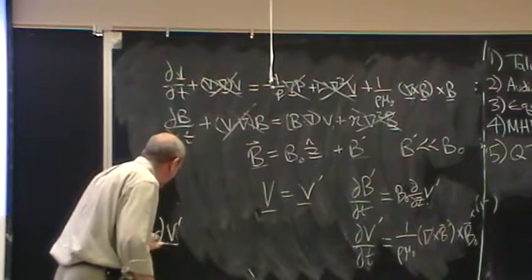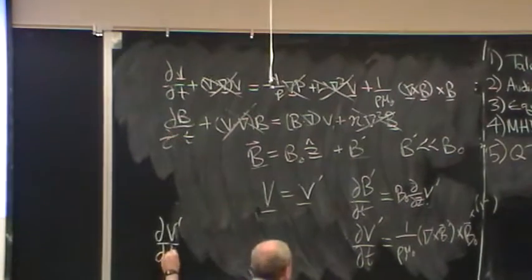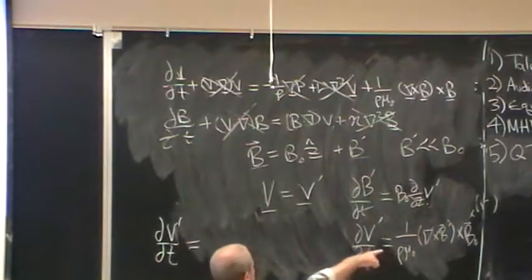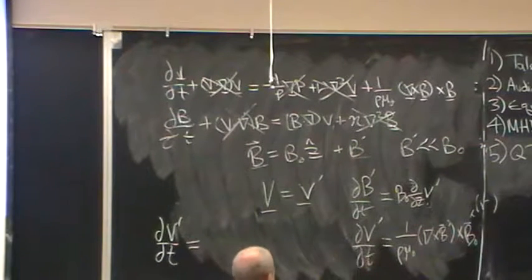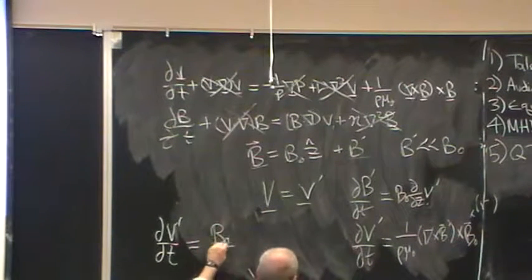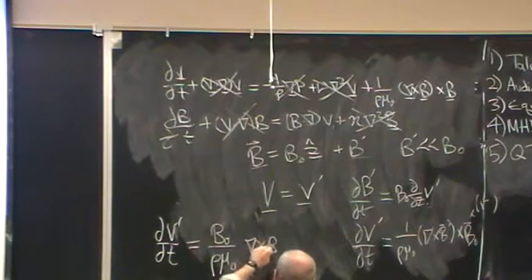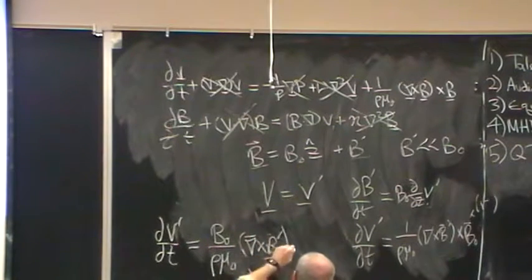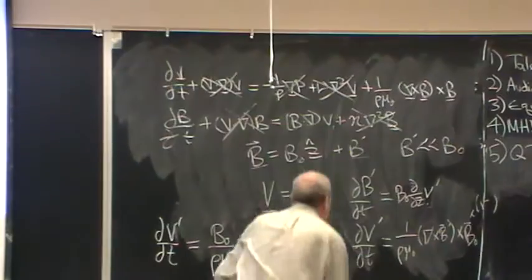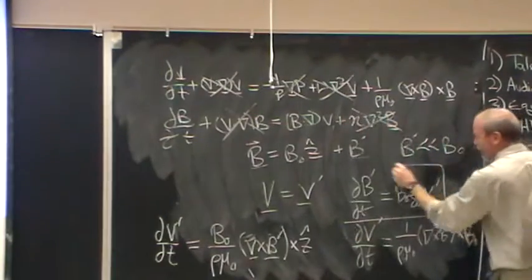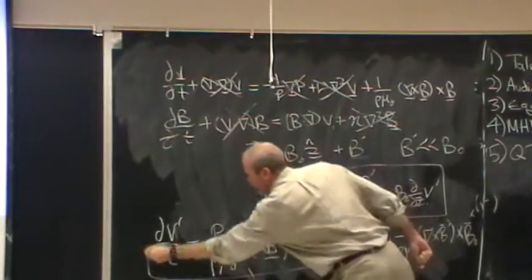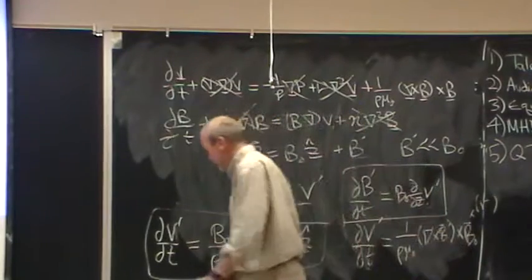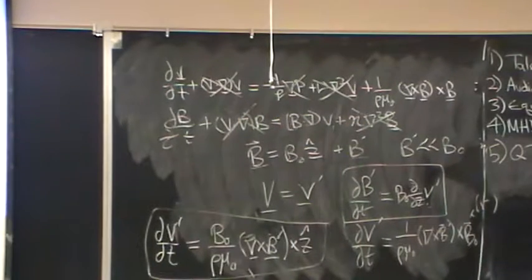We've got dv prime/dt is equal to, and the background field is actually B naught z hat, so I end up with B naught over rho mu naught, the curl of B prime, cross z hat.